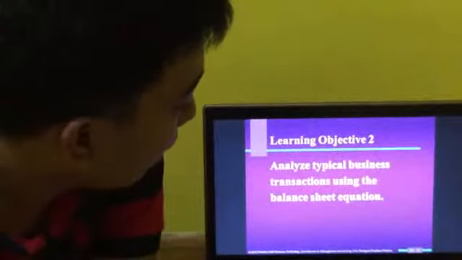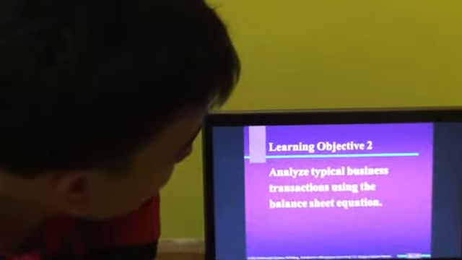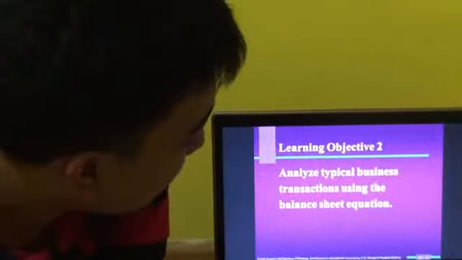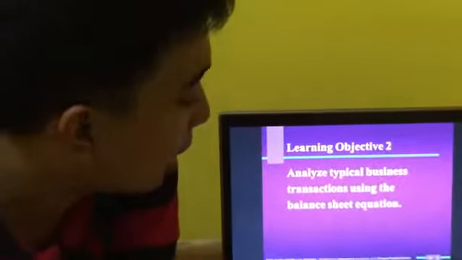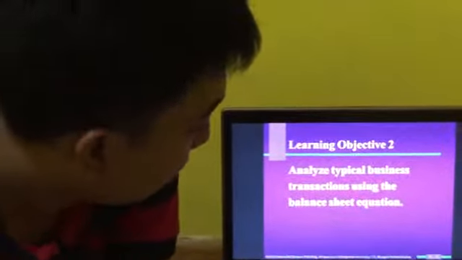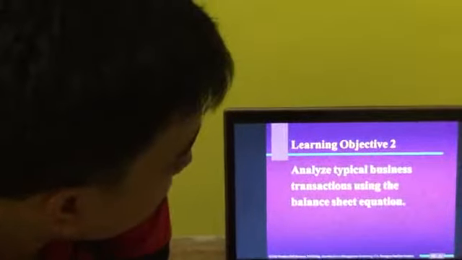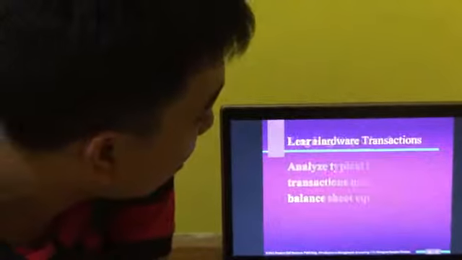So next, learning objectives. Our learning objective is to analyze typical business transactions. Here we are going to analyze the transactions that affect the business, through the use of the balance sheet equation.